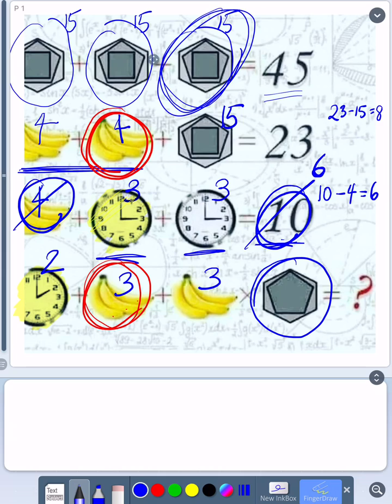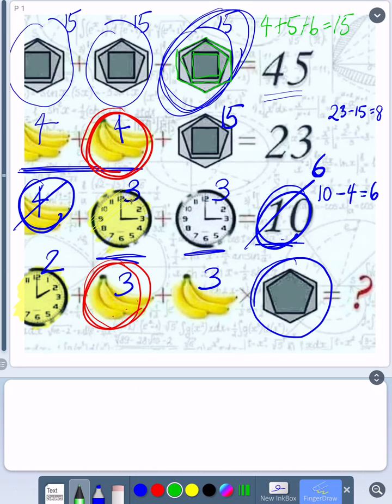Now if we look at the shapes given here, we have a square. A square is a 4-sided figure, followed by a pentagon, which is 5. So 4 plus 5 makes 9, plus the hexagon, plus 6 is equal to 15.